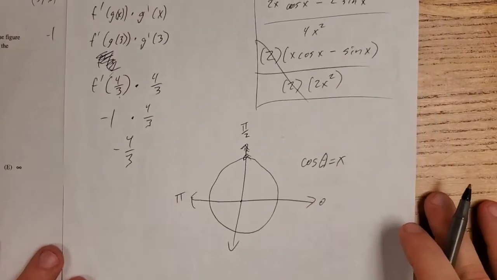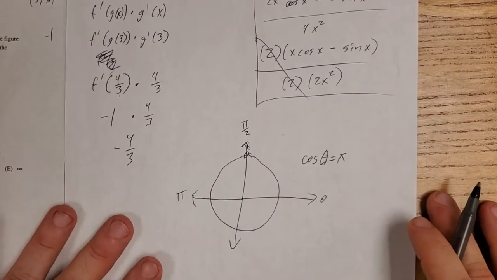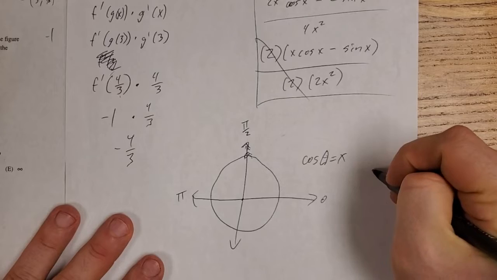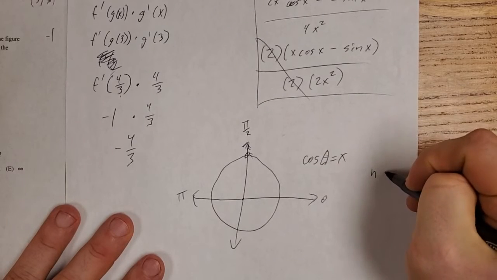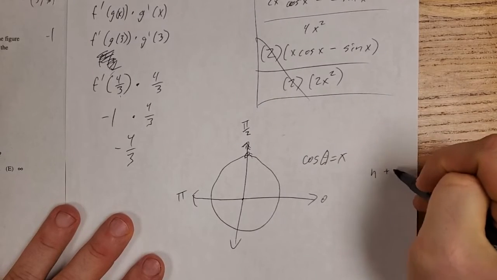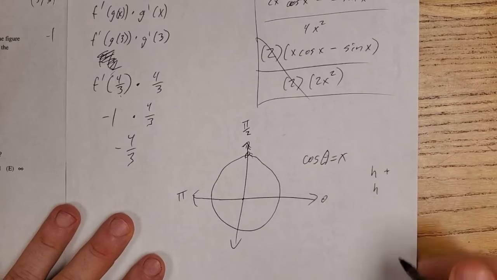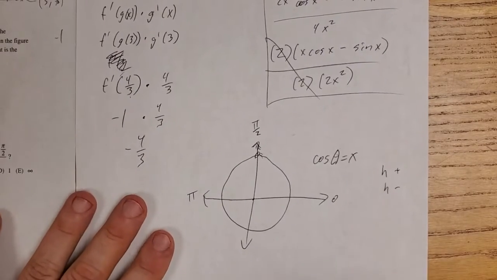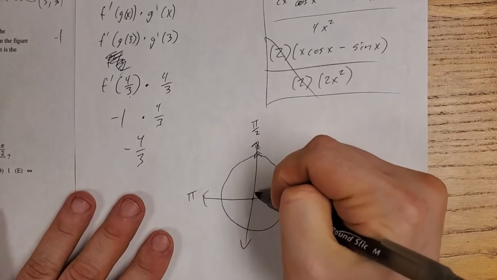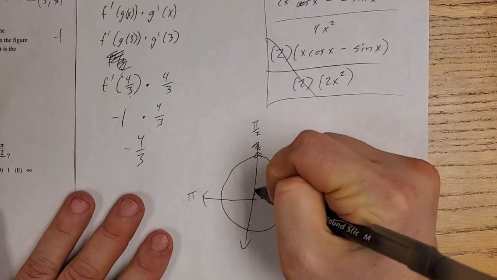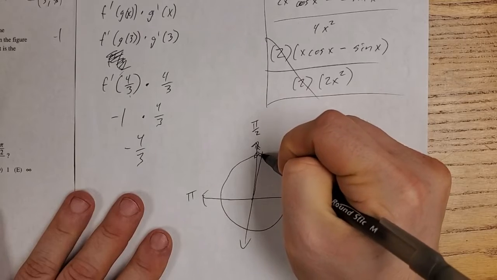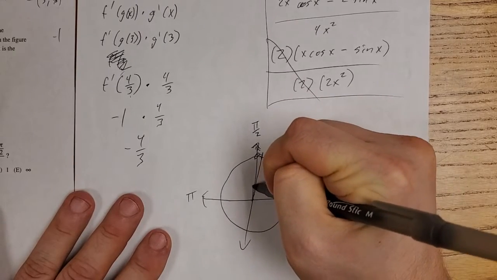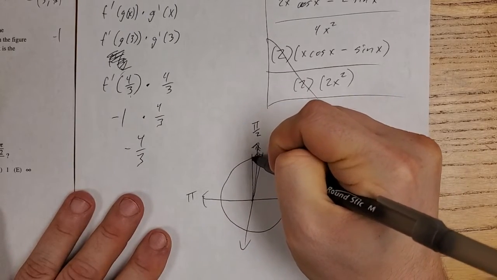So we have to consider an h that is a very small number but a positive number, and an h that is a very small number but a negative number. So what we get from that is an angle that is just a little bit that way, and an angle that's just a little bit that way.